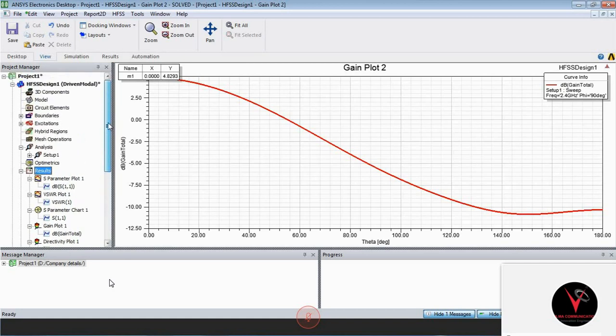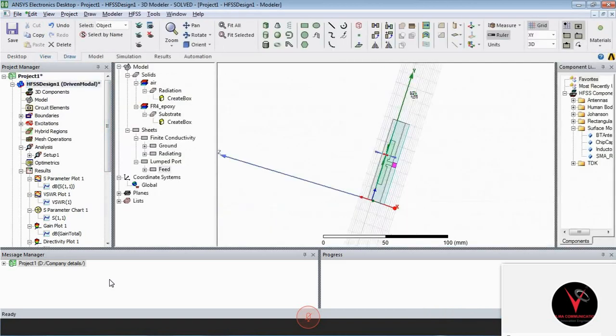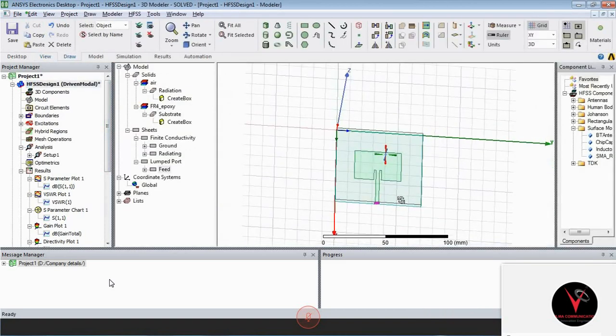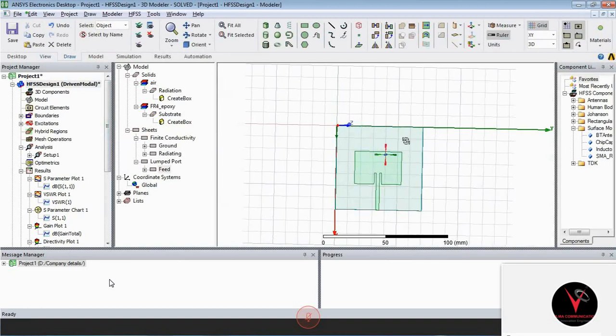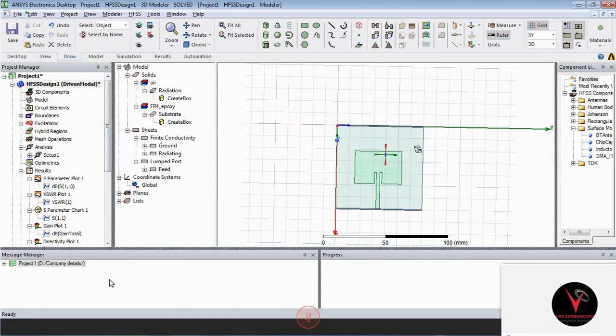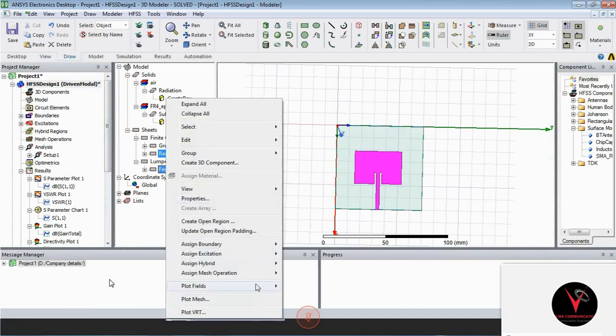And also one more person asked about the E field and H field characteristics. For the E field and H field, we didn't analyze in a 2D plot; we got only 3D oriented results. So we select the radiating layer and feed here, and right click on that. So go for plot field.